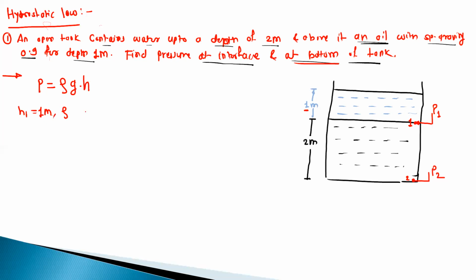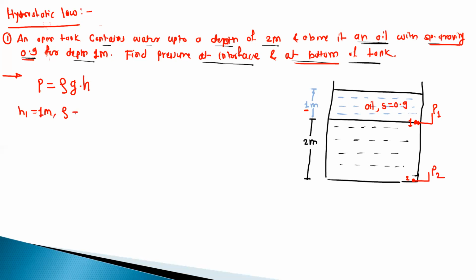Then what is the density of the fluid above this point? Above this point we have the oil, and for the oil, density is not directly given. What is given is specific gravity, that means the S value is given, which is equal to 0.9. We have already studied in the properties how to find the density.